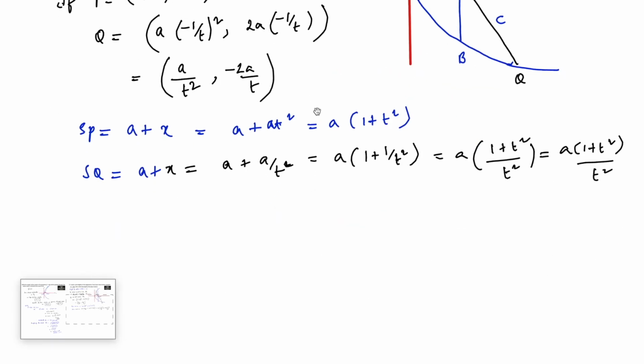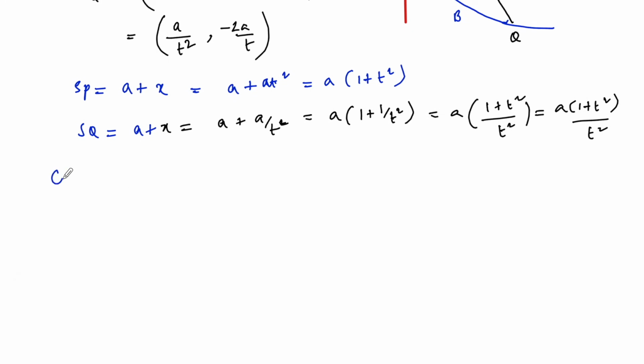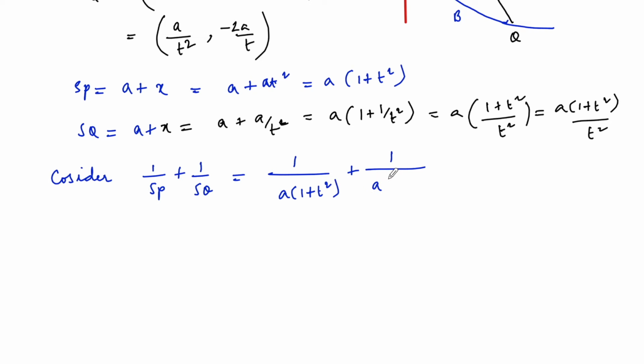Now consider 1 upon SP plus 1 upon SQ, which is equal to 1 upon A times of 1 plus T square plus 1 upon SQ, that is A times of 1 plus T square by T square, which is equal to 1 upon A times of 1 plus T square plus T square upon A times of 1 plus T square.